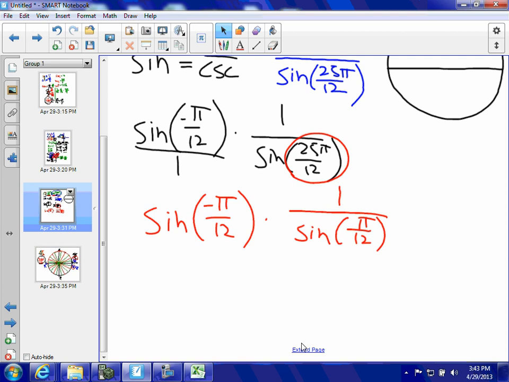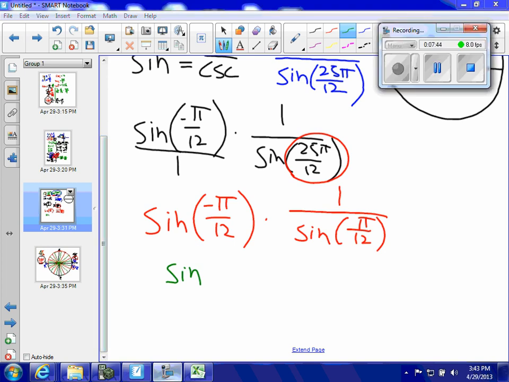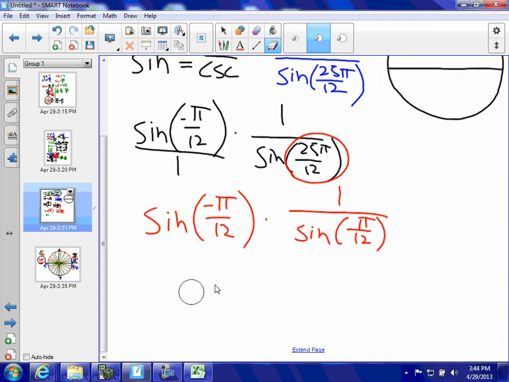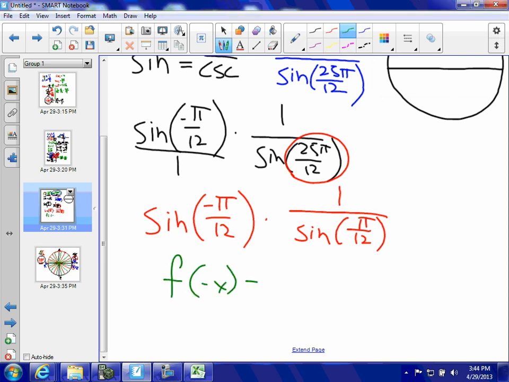The next thing I remember here is that my sine function is an odd function. Odd functions say that f of negative x is equal to negative f of x.